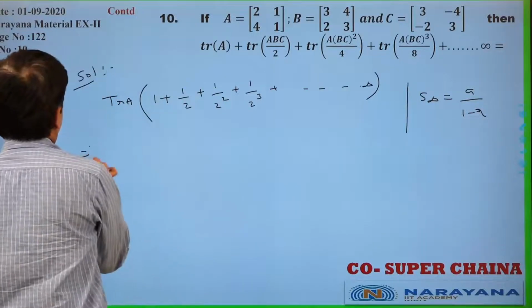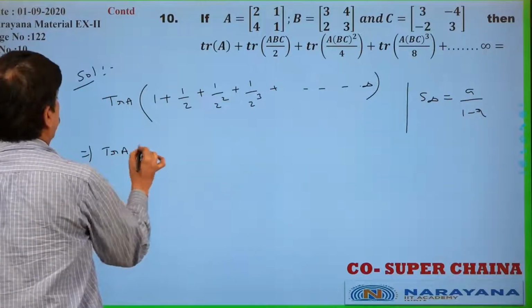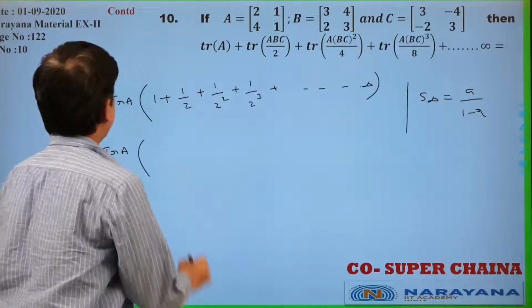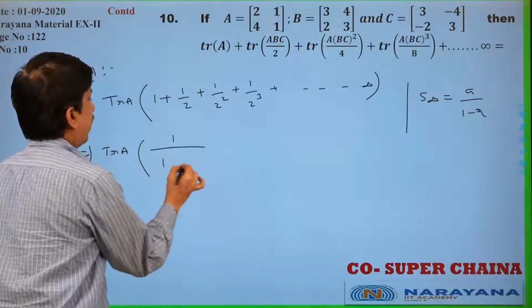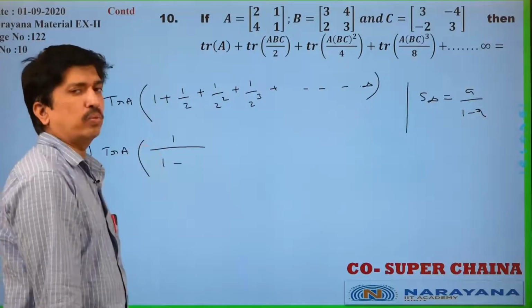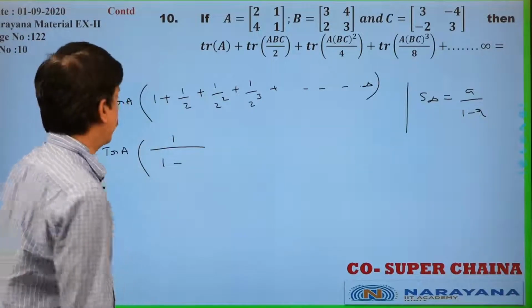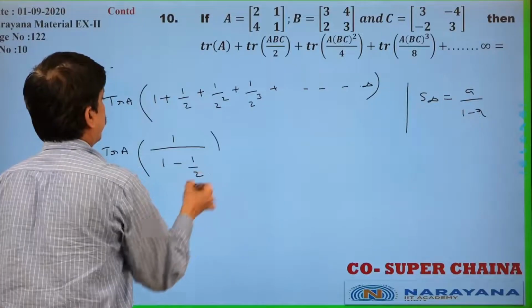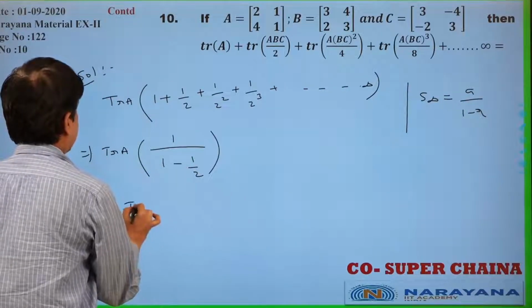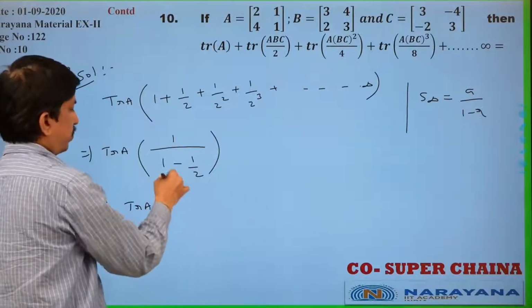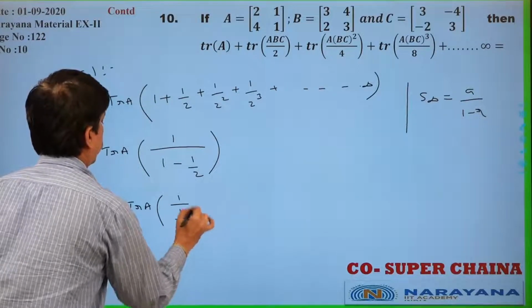Now this implies trace A into 1 by 1 minus r. Our r is 1 by 2 only, the common ratio is 1 by 2. So 1 minus 1 by 2. Now this implies trace A into 1 minus 1 by 2, which means 1 by 2 only.